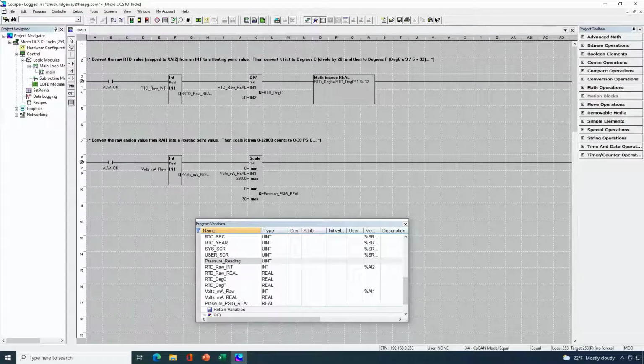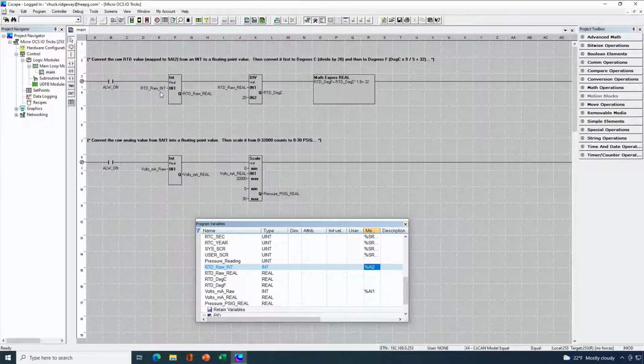This first rung is where I'm doing my scaling for my RTD. The first thing I'm doing is taking the analog input value, which happens to be mapped down here, coming in from the second analog input into a variable called RTD raw integer.